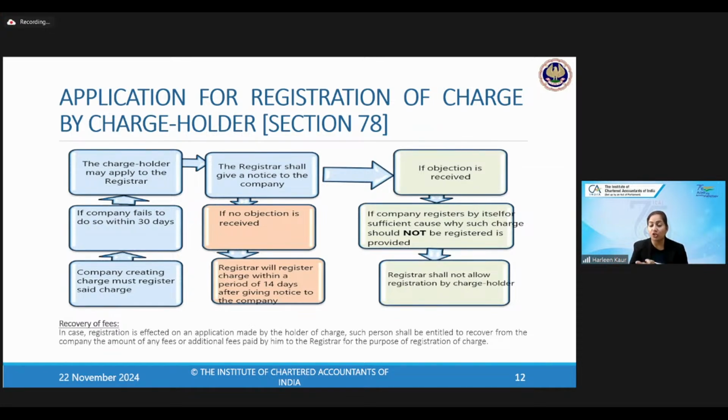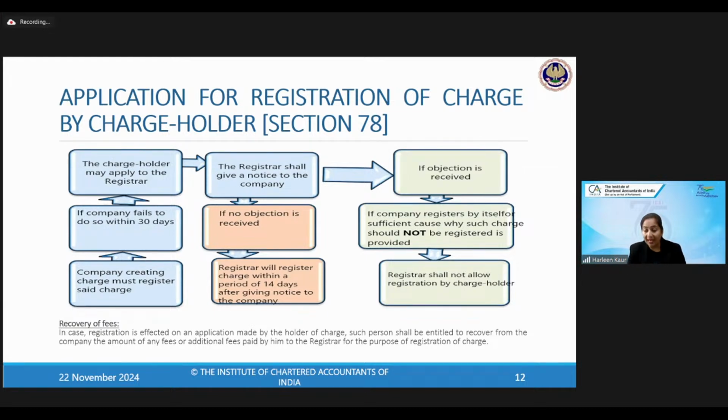If you have any objection, you can raise that objection within a time period of 14 days. Within 14 days, the registrar will say, give us a show cause notice. Either company, you come and get the charge registered. And if you feel that HDFC Bank is doing any kind of fraud, you have not given any security, then please give us the show cause notice, give us the reasons. And if you give us such reasons, we will not register this charge.